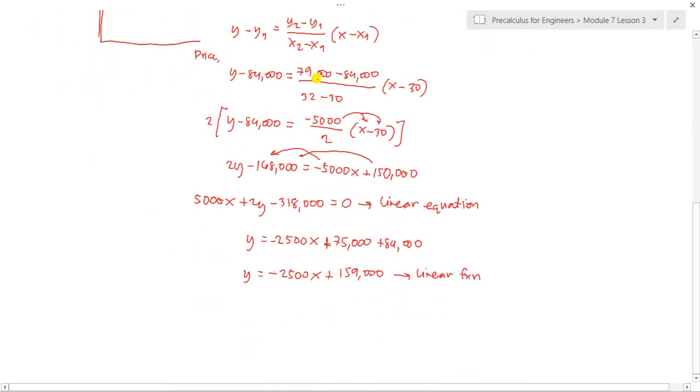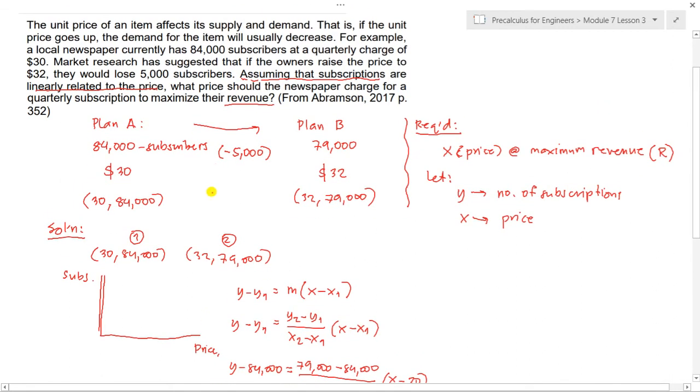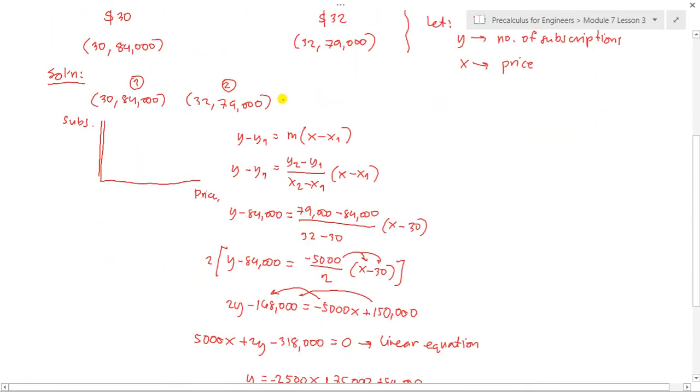So since we already have this linear function, the last condition, on the last statement, is: what price should the newspaper charge for a quarterly subscription to maximize the revenue? So our revenue should be maximized.